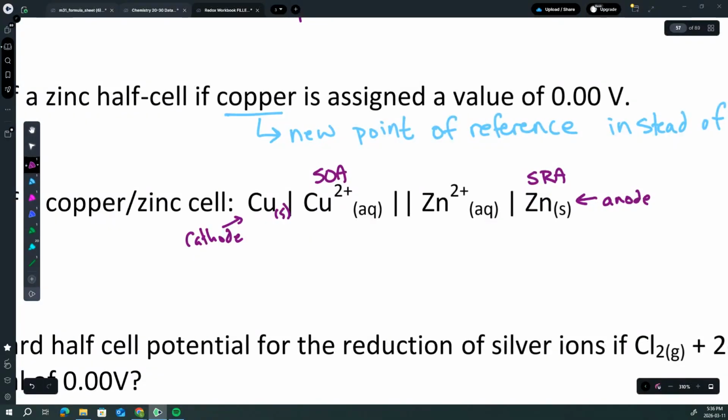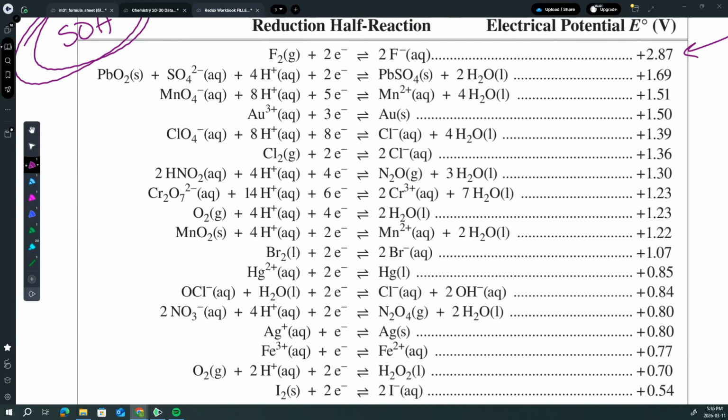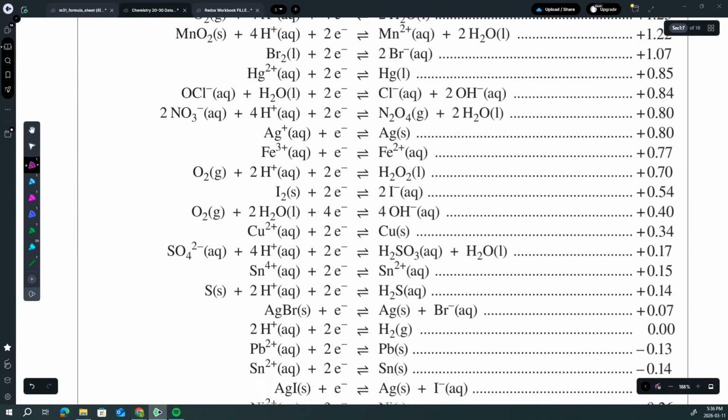I'm going to be looking at the electrical potentials for the SOA reaction and the SRA reaction. So copper 2+ right here. With hydrogen as its reference cell, it has a reduction electrical potential of positive 0.34.